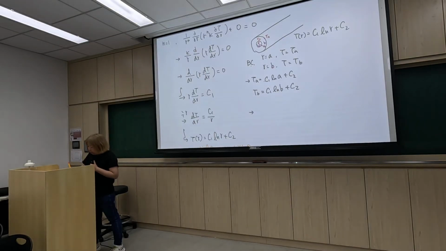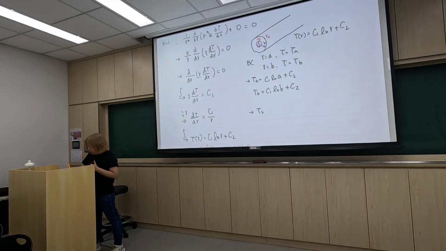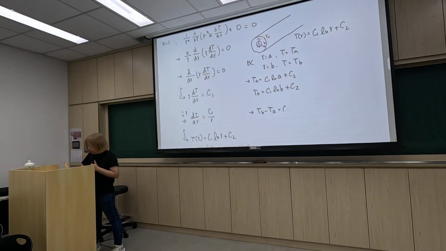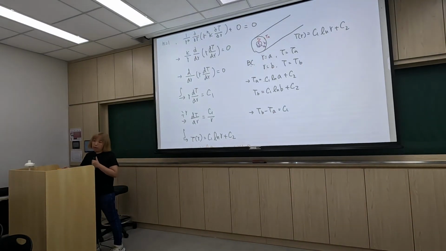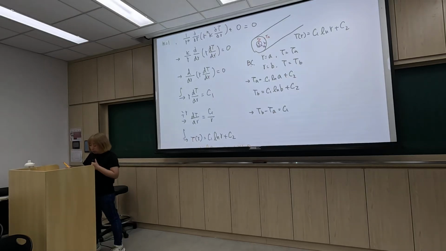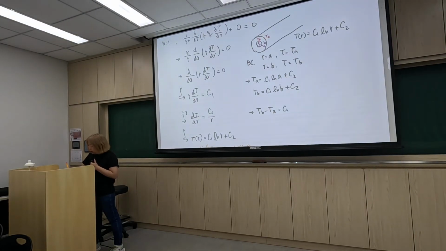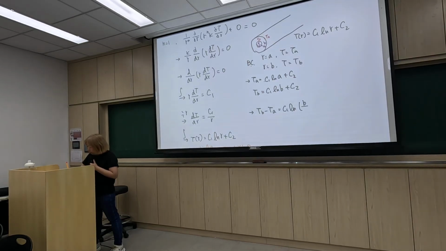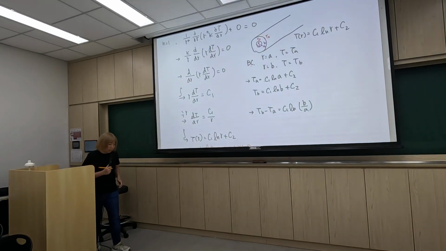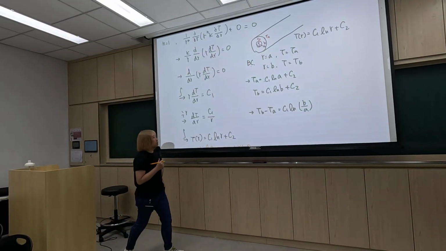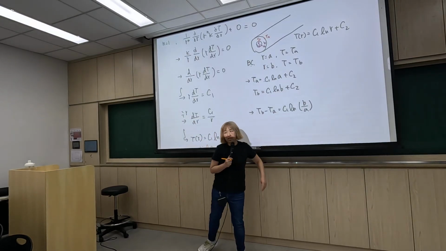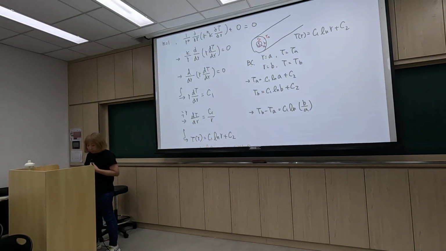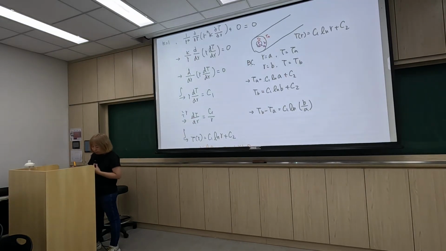Then we quickly use TB minus TA, then we will get C1, because we want to get rid of the parameter, to get rid of the C2, so it will become C1 ln B divided by A. Subtraction between ln terms becomes a fraction form. Okay.